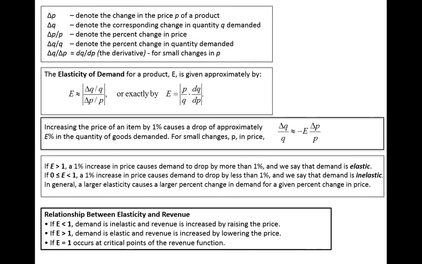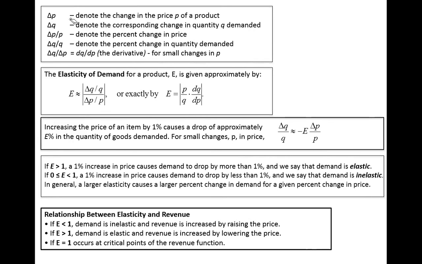In section 4.6, we talk about elasticity. I know it looks like a lot, but you can definitely pause the video and read all of this information. Let's just go through some important points. You will see this notation.